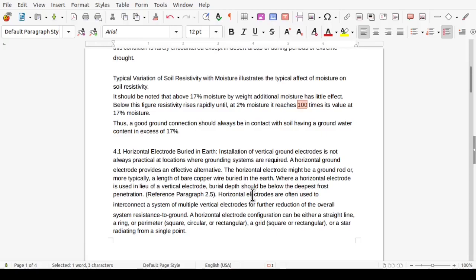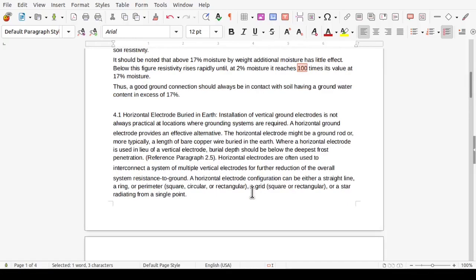So if the question on the table is how do I improve my ground situation, well, you'll water it, but that only goes so far. If you live in dry country, that might go quite far, but how far does that water penetrate? It's going to have to go quite deep. So we're going to move on and just consider what the hand has been dealt, considering the soil resistivity. We live with it.